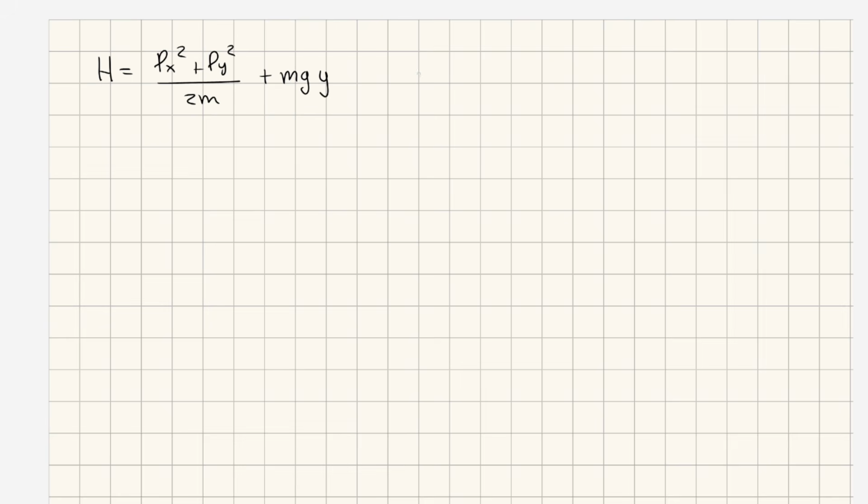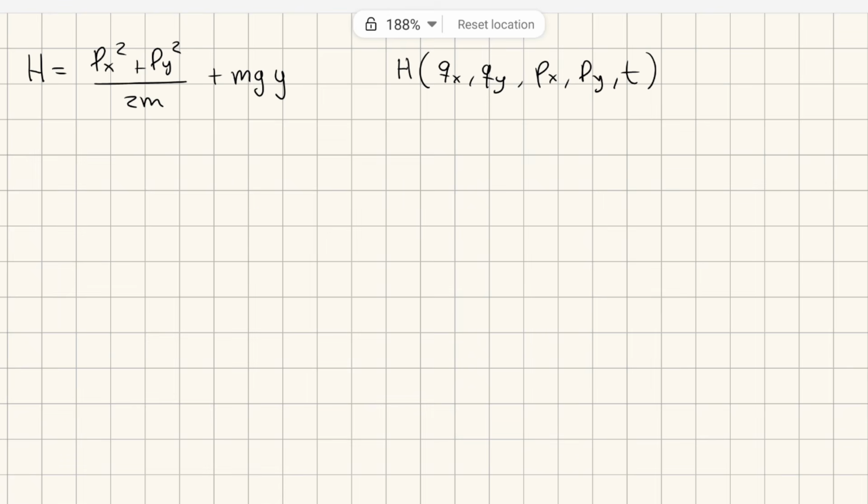So we remember that the Hamilton-Jacobi equation says that a function H, which is a function of, in this case, we have two generalized coordinates q, which is going to be qx, qy, px, py, and the time. And of course, in our case, we consider qx just as x and qy as y.